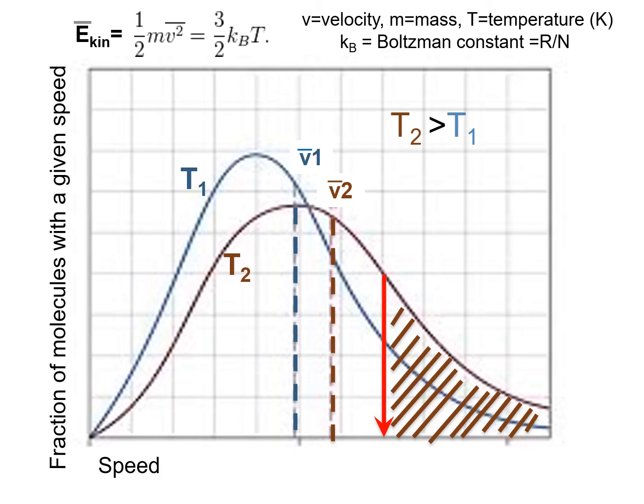You see that these curves are kind of similar to a Gaussian, but they are slightly asymmetrical, with a little bit more observations on the high side on the right. So for the first curve, the one that's labeled T1, the one at a lower temperature, the average is indicated by V1, right?